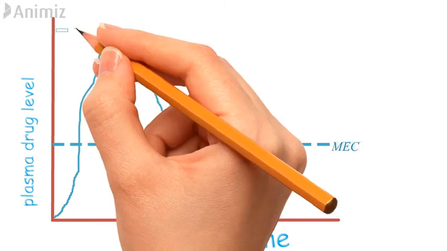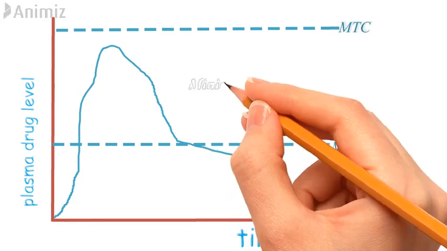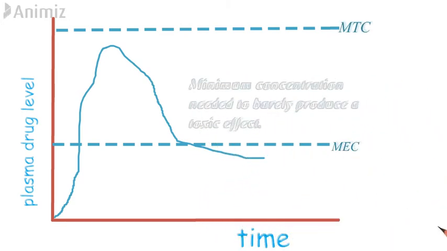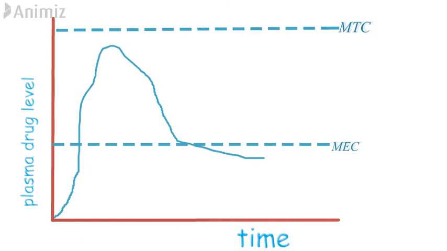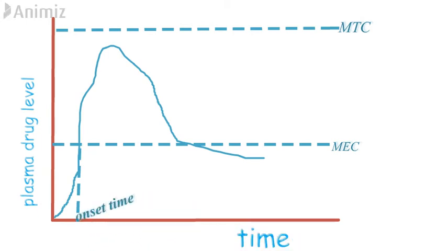Then MTC, minimum toxic concentration, that is the minimum concentration needed to just barely produce a toxic effect. Then onset time, the time required for the drug to reach the MEC. When more drug receptors are occupied with drug, the intensity of pharmacologic effect will reflect it. Or we can say that higher plasma concentration of drug produces a greater pharmacologic response.